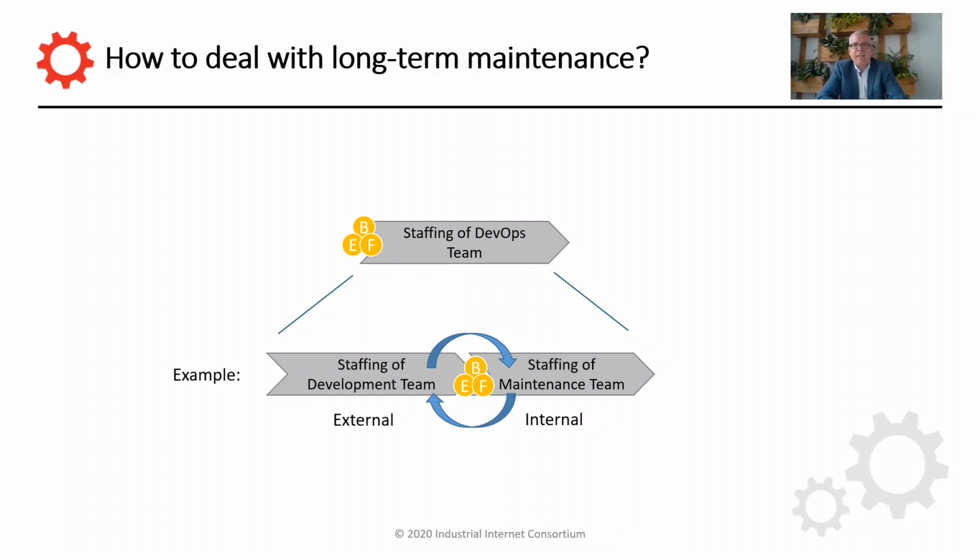Now, if you are planning to basically have the initial version of your solution built by an external provider, for example, a system integrator, but then you are planning to actually maintain the solution in-house, then it's really key that when you look at the two sub-processes here, the staffing of the development team versus the staffing of the maintenance team, you might want to consider, for example, to have some of your own people embedded in the development team or vice versa, have some people from the system integrator's development team embedded in your maintenance team for some time.